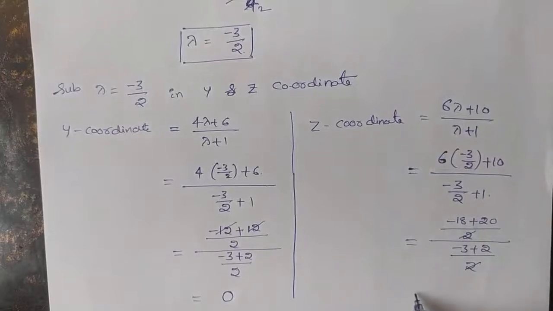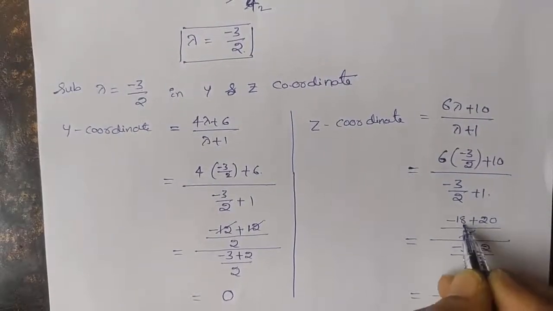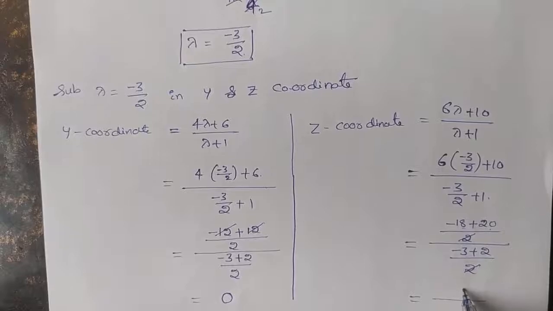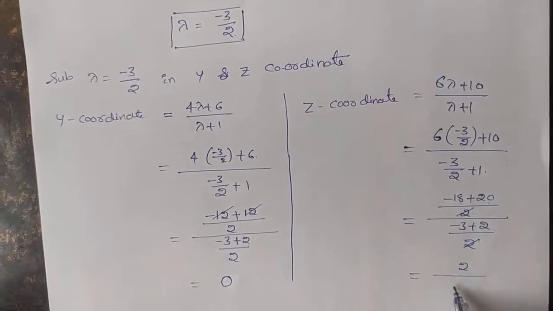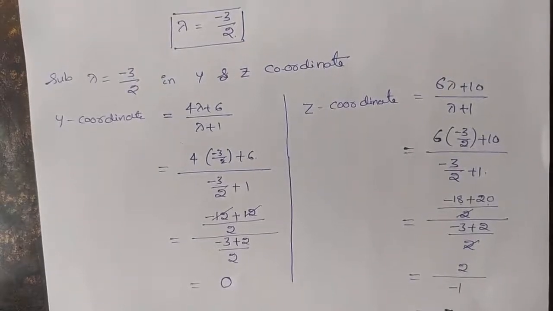This 2 will get cancelled, so minus 18 plus 20 is 2, divided by minus 3 plus 2, which is minus 1. That equals minus 2.